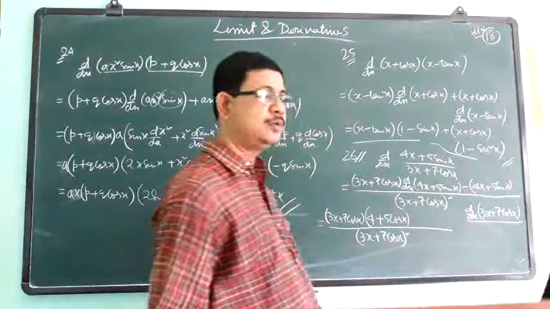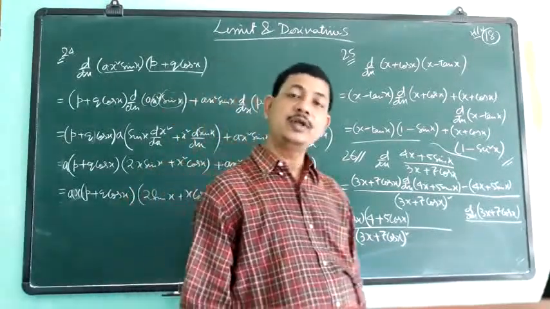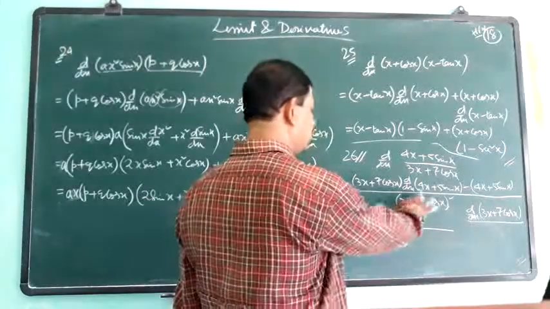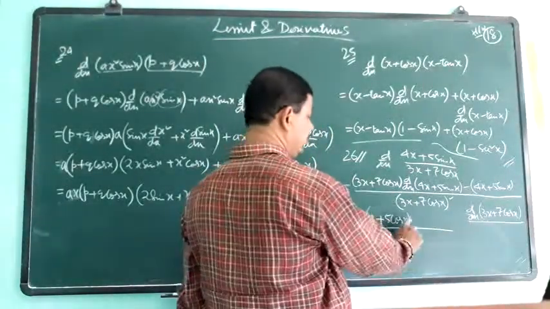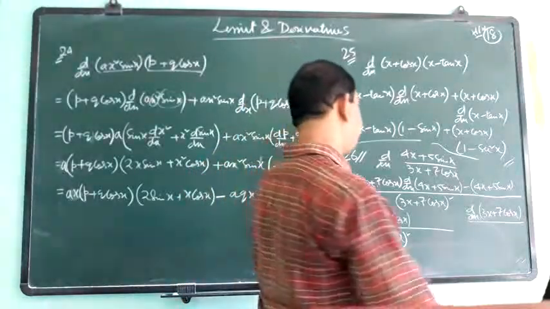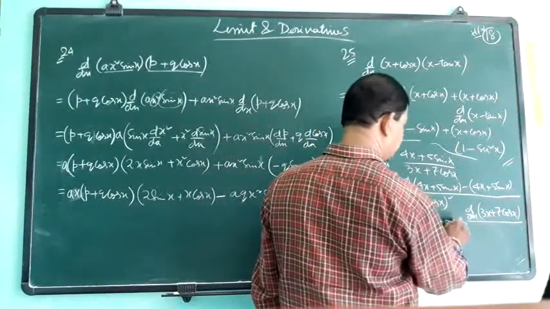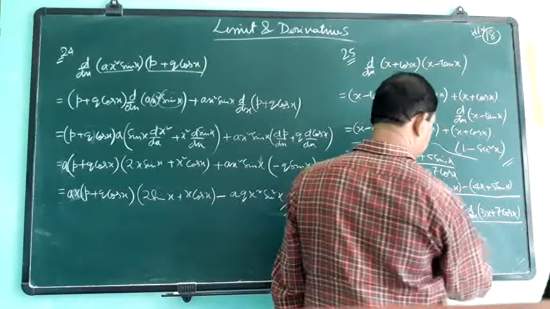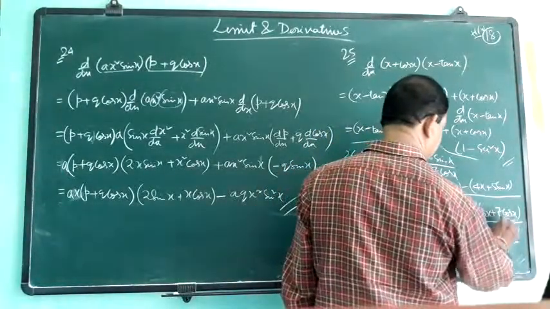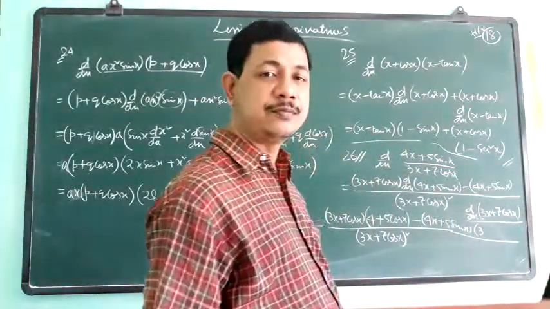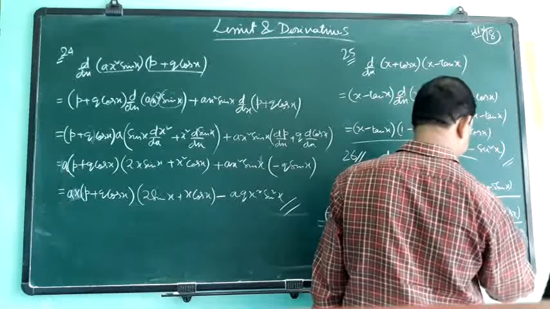So I again want to repeat, 4x if we differentiate it will be what? 4 into dx dx, which is 1, so 4 will come. If we differentiate sin x, it will be cos x. Now 4x plus 5 sin x. If we differentiate 3x, just like the previous one, it will be 3, and cos x gives minus sin x, so minus 7 sin x.